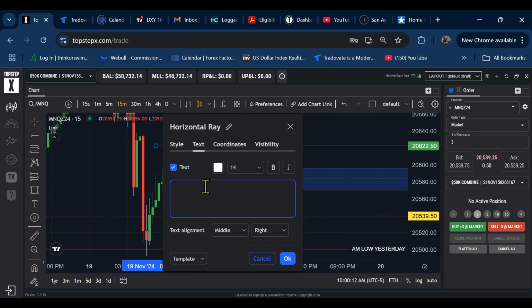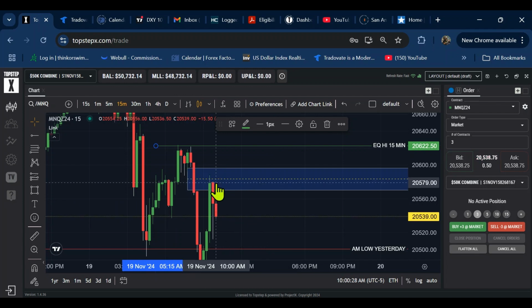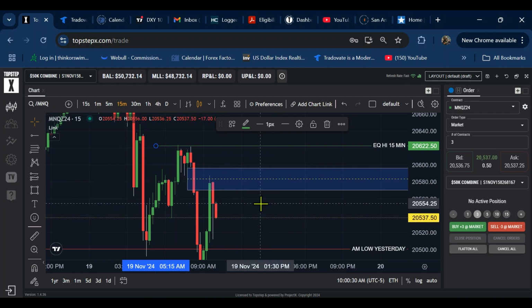I don't know. Okay. The way it's respecting this fair value gap, I kind of like that.